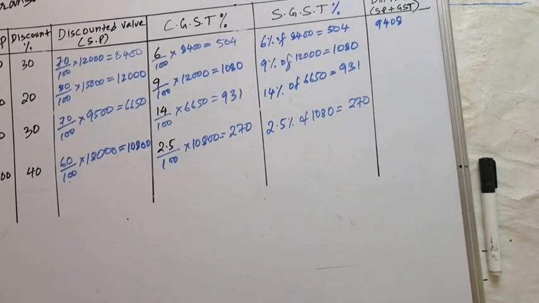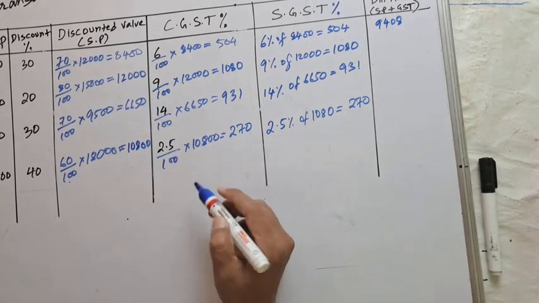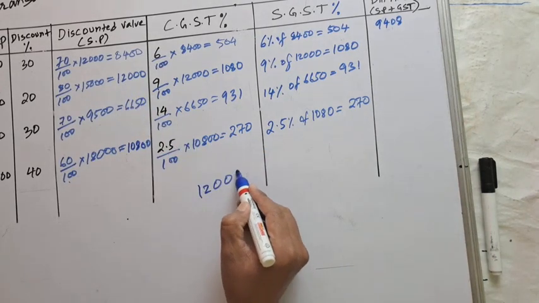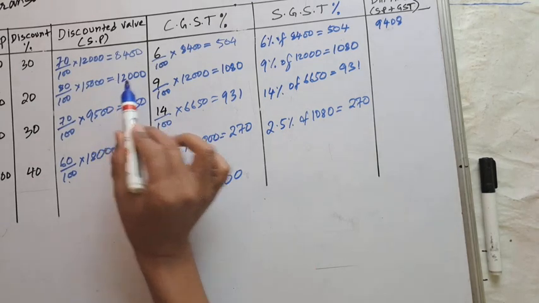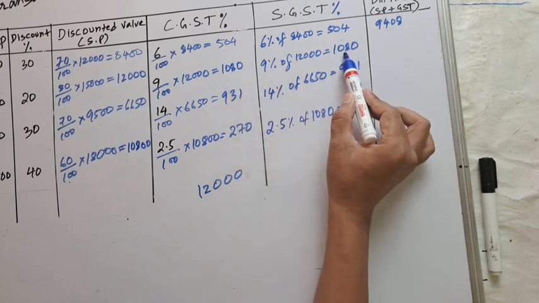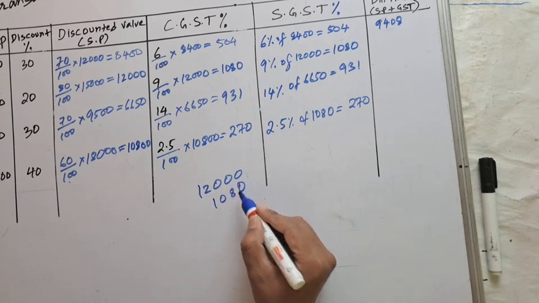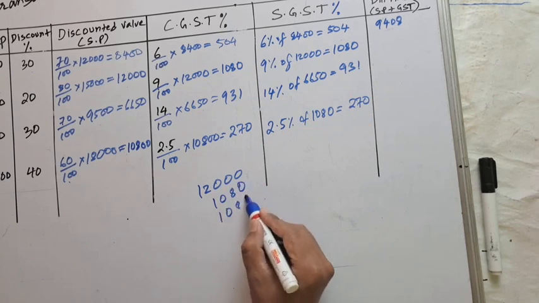Second one, selling price is 12,000, isn't it? Selling price is 12,000 and tax is 1,080 CGST and 1,080 SGST. So 1080, again 1080.